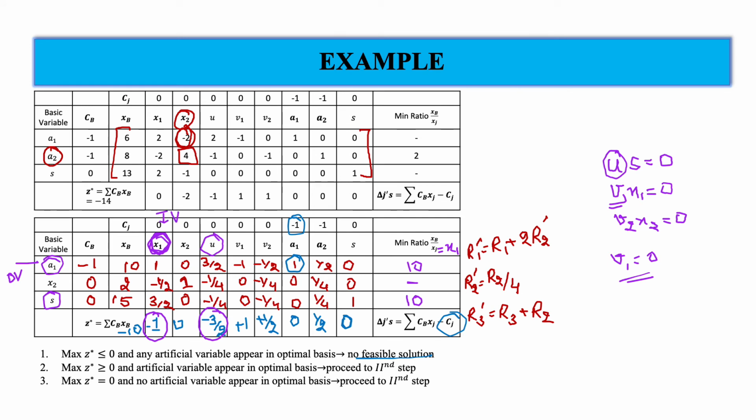And what is the pivot element? One is our pivot element. We can leave any one of them, but it's always better to remove the artificial variable a1 because our final motive is to make all the artificial variables disappear from the optimal basis.